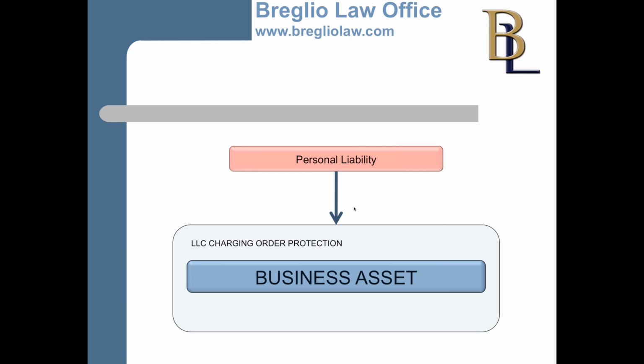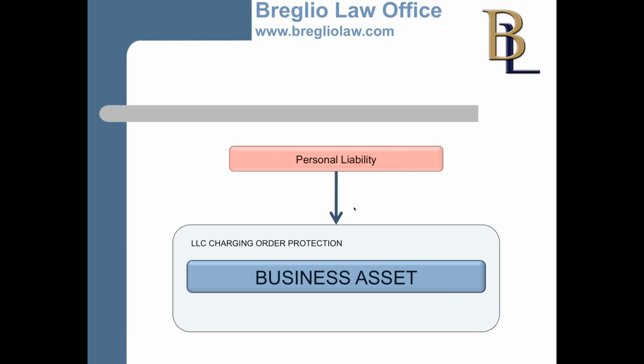This is called a charging order protection. This charging order says that the creditors, or the plaintiffs in this case, the family who lost somebody in this car accident, get a charging order against partner A's receipts from this business.